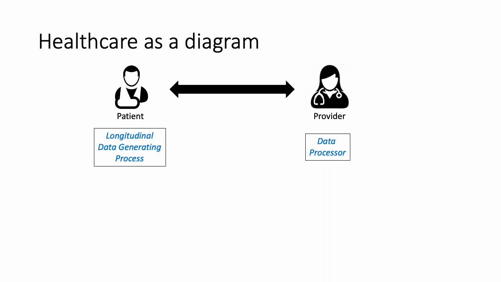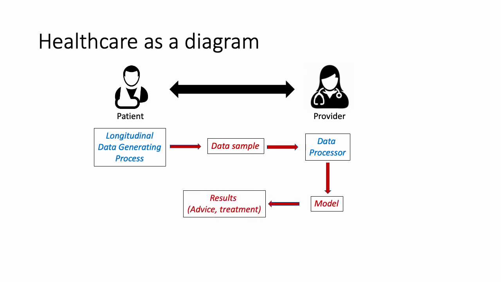They provide that data to the data processor, which is the provider, who takes a sample of the data when they see the patient and then applies some model. From that model, they deliver results, which can be advice, treatment, counseling, various different entities. Those are returned back to the patient for an ongoing longitudinal data generating process.